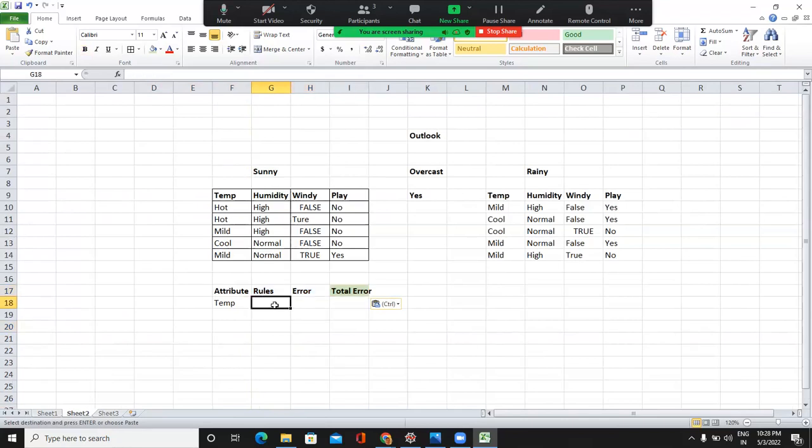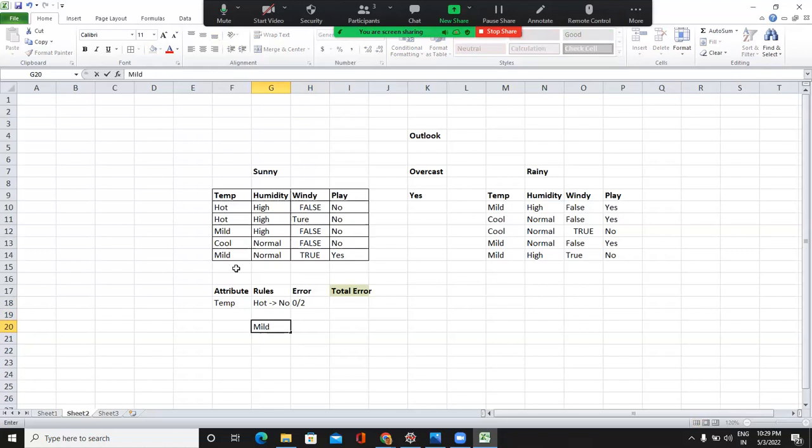So the rules: if we see hot, hot, no, hot, no. So hot means no definitely becomes the rule, and the error will be 0 by 2. If hot, the person will not play, so we are never wrong. Understood this?